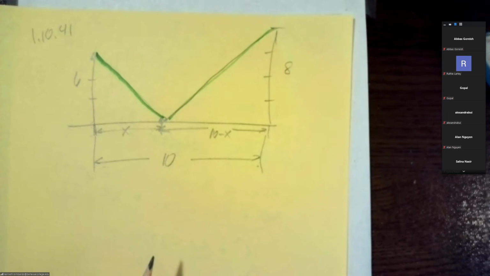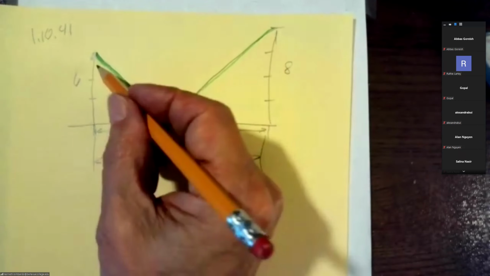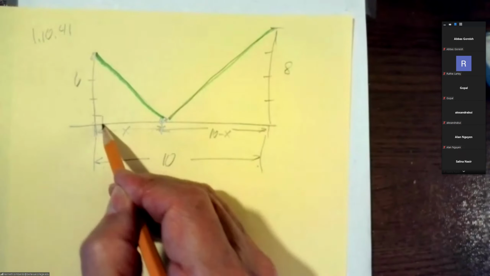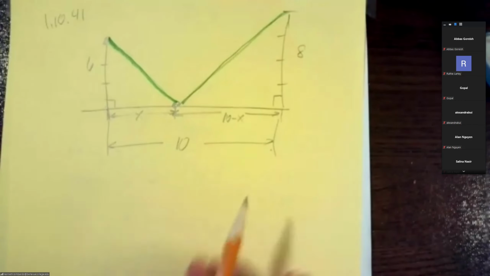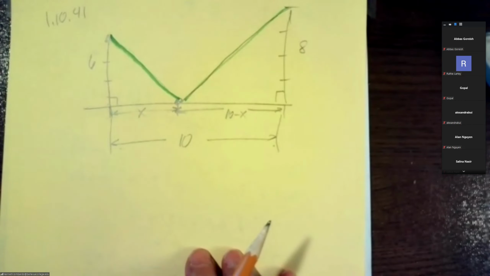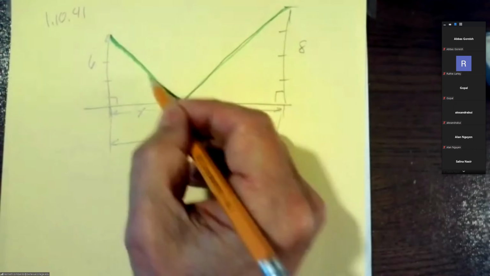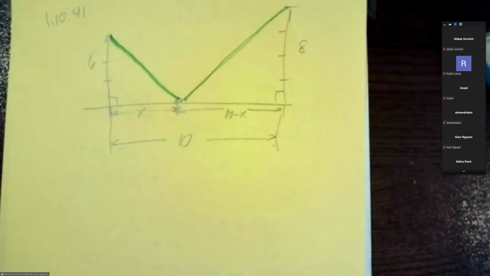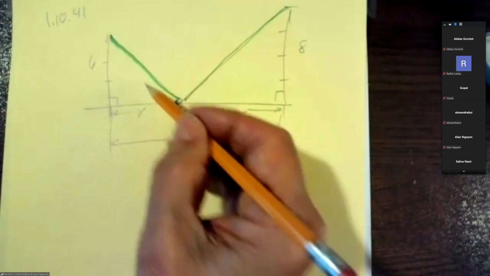So we need to find this distance and this distance, which happen to be the hypotenuse of a right triangle. Do we have enough information to say what that's going to be?